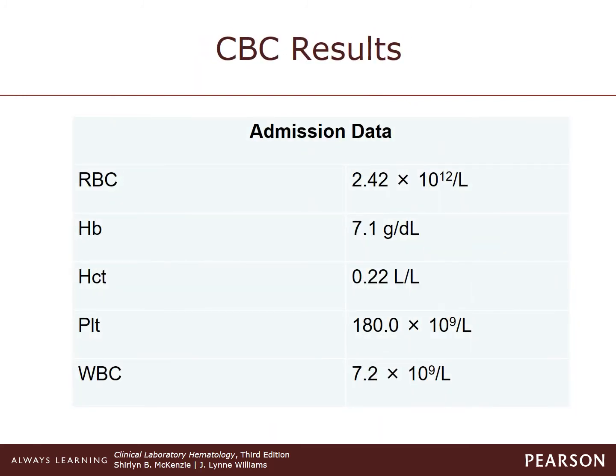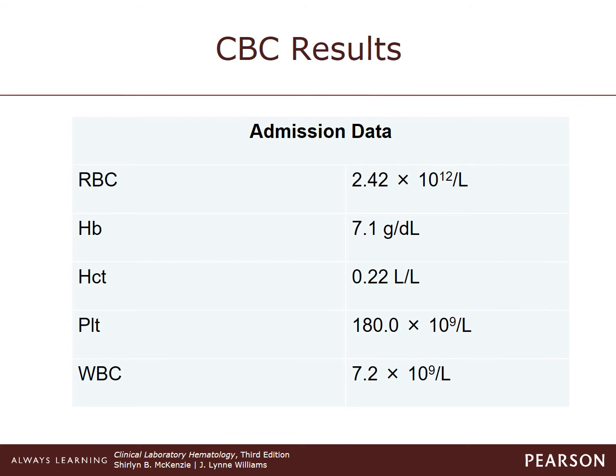So let's talk about another category, pure red cell aplasia. This is categorized by a selective type of lineage, where the selective hypoproliferation is committed to only the red cell line. Look here at the CBC results. You have a normal leukocyte and normal platelet count.